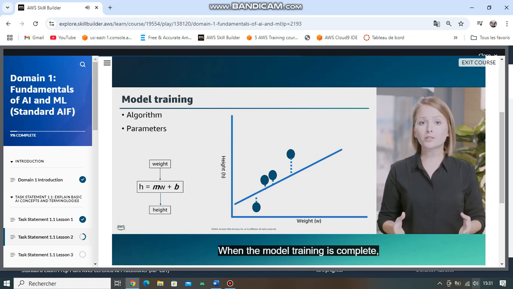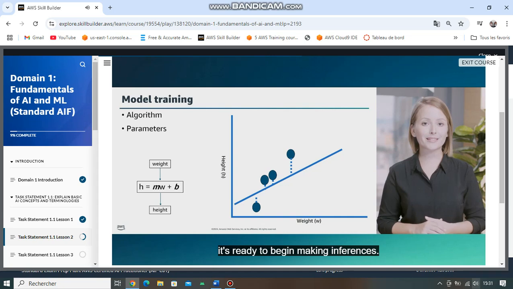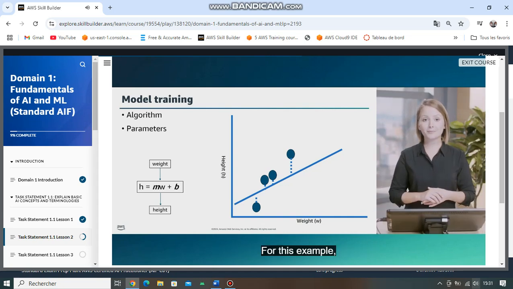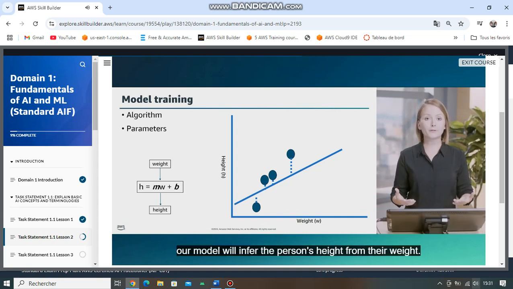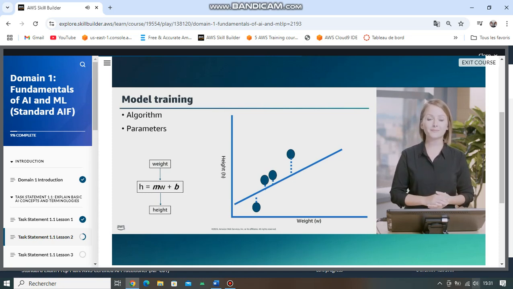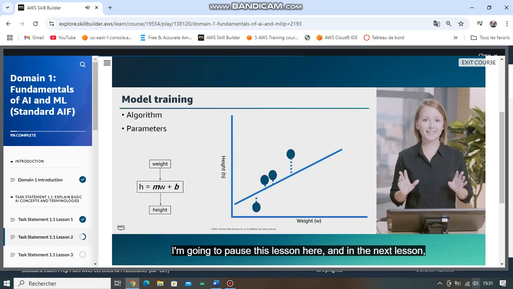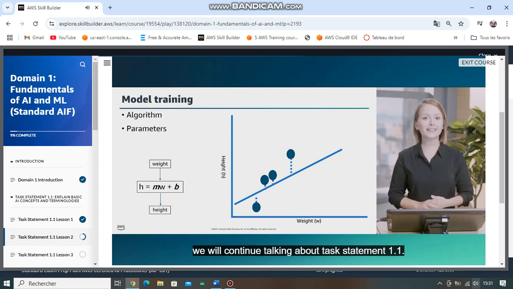When the model training is complete, it's ready to begin making inferences. For this example, our model will infer the person's height from their weight. I'm going to pause this lesson here, and in the next lesson, we will continue talking about task statement 1.1.